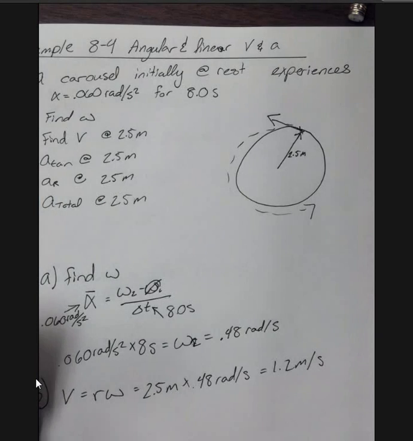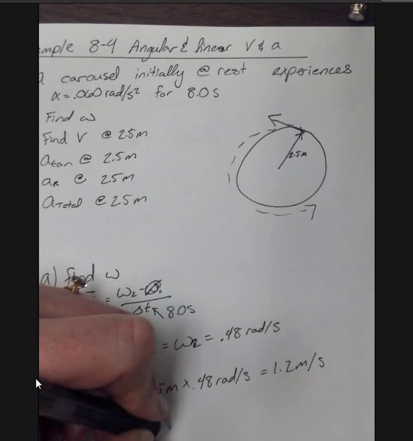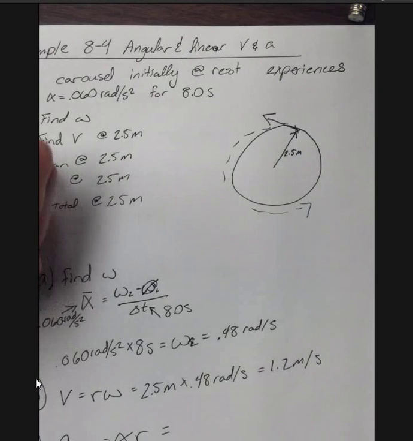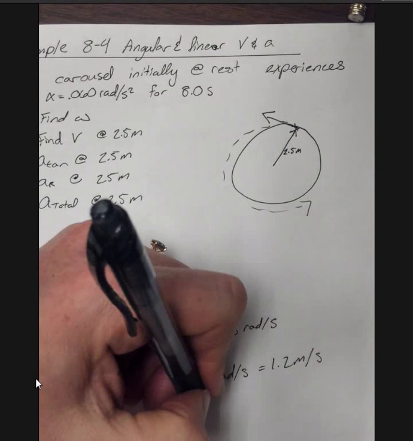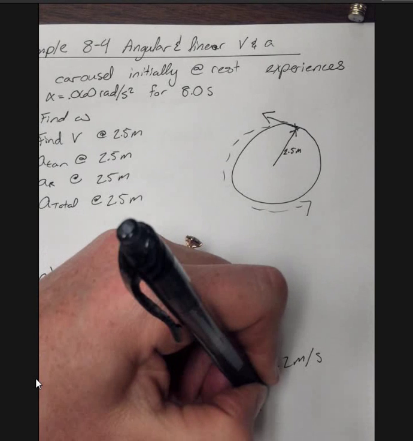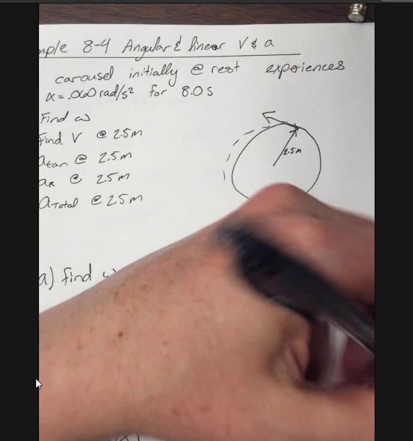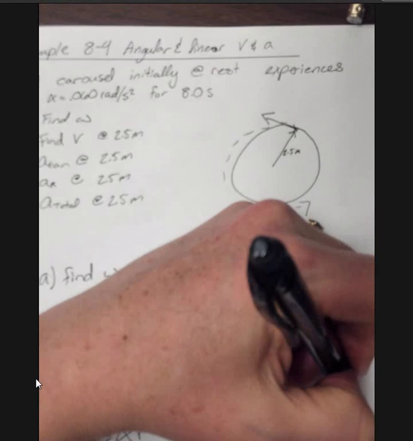Now we can find tangential acceleration, which is given by alpha r. The rotational acceleration is 0.060 radians per second squared. Times that by a radius of 2.5 meters, and you've got 0.15 meters per second squared.